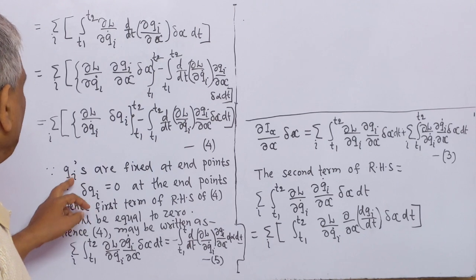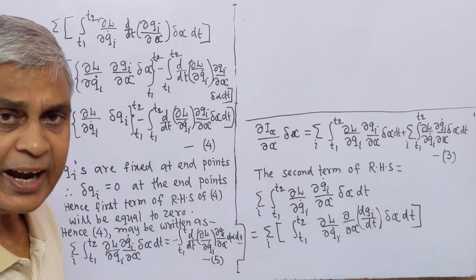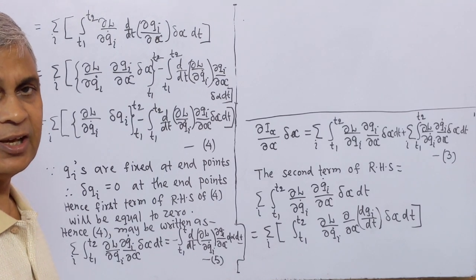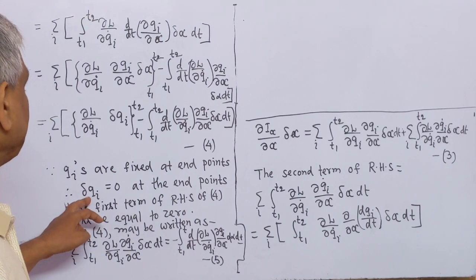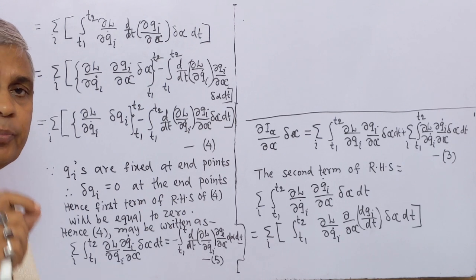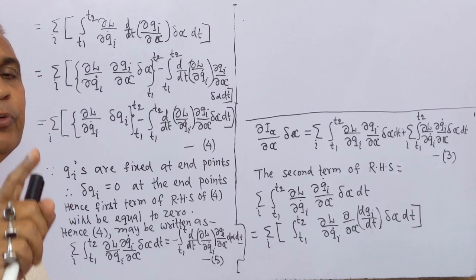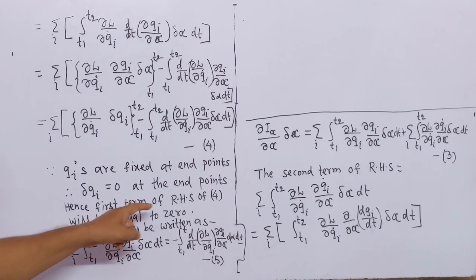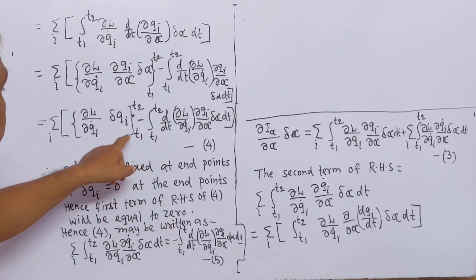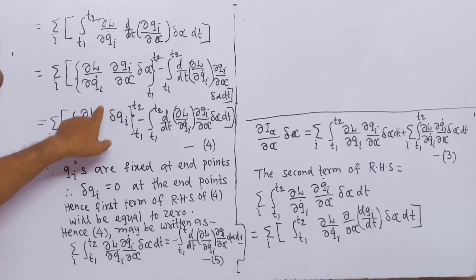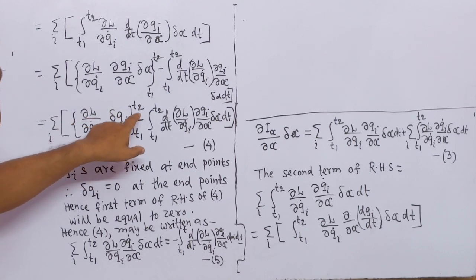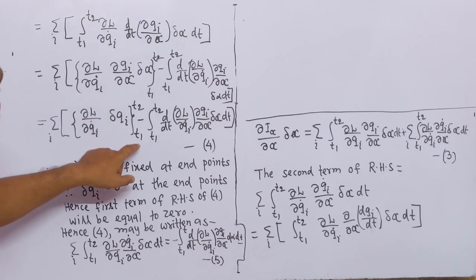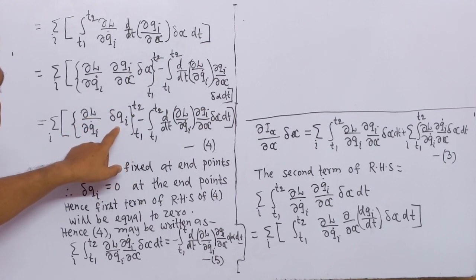Since the qi's are fixed at endpoints, meaning the coordinates at the endpoints are fixed, delta qi equals 0; the variation of the coordinates at endpoints is 0. Hence the first term of the right hand side of 4 vanishes: when time equals t2, delta qi equals 0, and when time equals t1, delta qi equals 0.